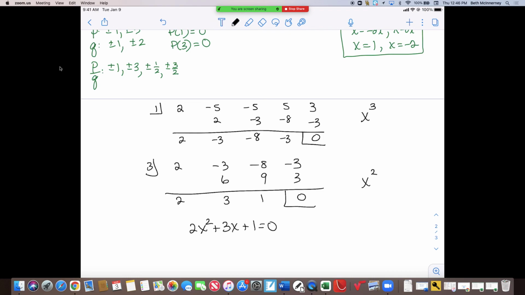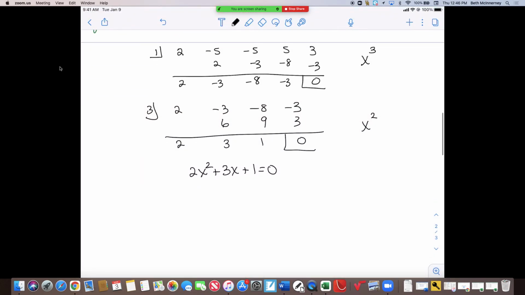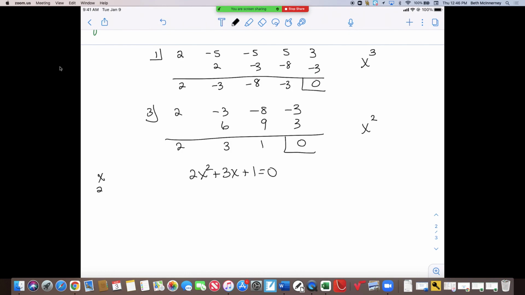Yeah, otherwise you're going to lose that. All right, let me go ahead and work this one out. So you're looking for two numbers that multiply to 2 but add to 3. So that's going to be a 2 and a 1. So I do 2x squared plus 2x plus 1x plus 1. So that's 2x times x plus 1. Here they have nothing in common besides the 1.